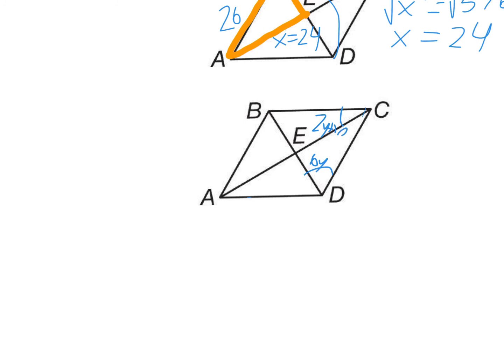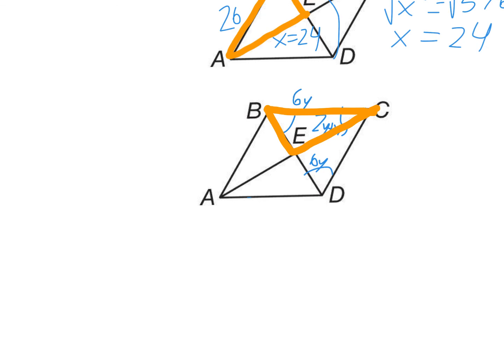Because our diagonals bisect opposite angles and opposite angles are congruent, we can say that this measurement up here is also going to be equal to 6y. Now we have ourselves a little triangle. A triangle has 180 degrees total.